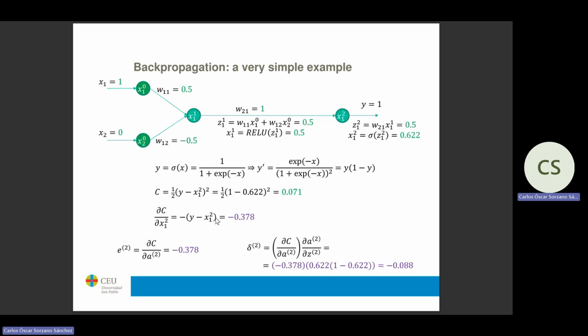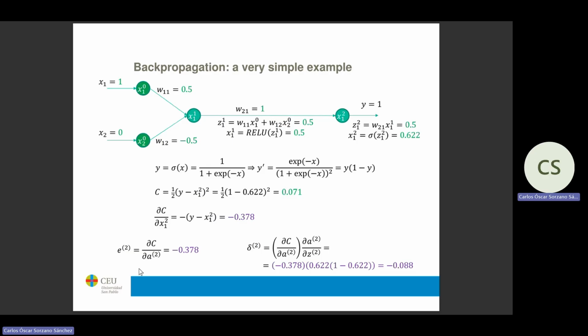So we have this term times the derivative of this with respect to x, the 2 because of the layer, and this derivative is minus 1. So all this thing is minus 0.378. Okay, so now we have the derivative of the cost with respect to the activation of the last layer, that is this one.